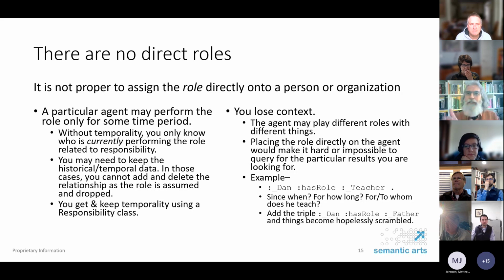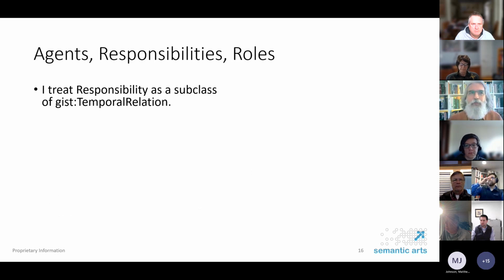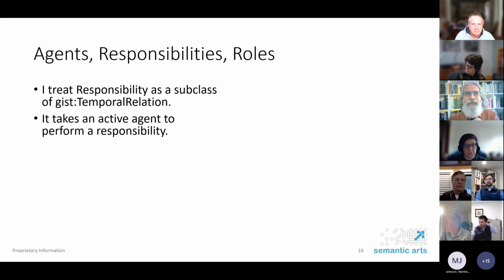You need to reify something to avoid that ambiguity of putting the role directly on a person or an organization or any other thing that you could assert a role about. So for that, I posit it's good to have a responsibility class that's a subclass of temporal relation.